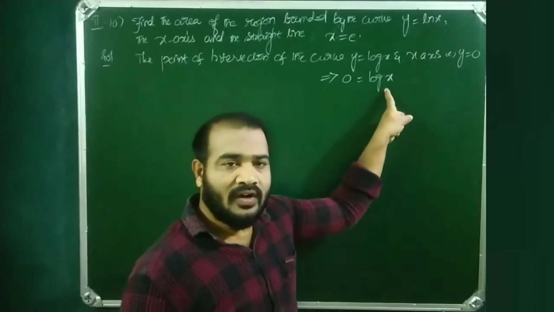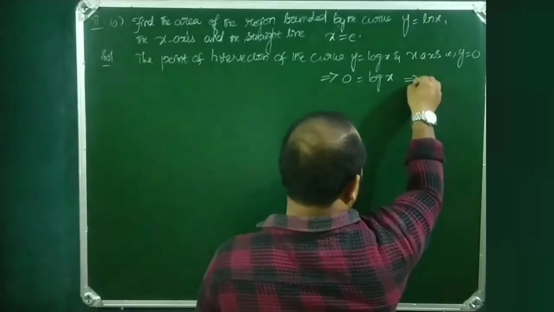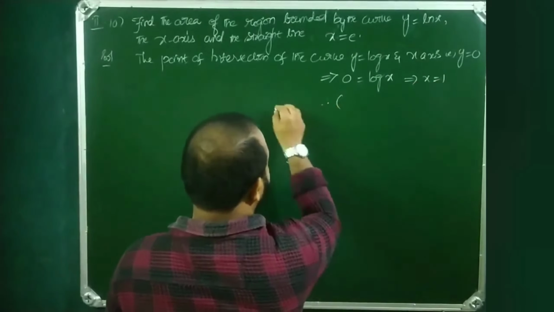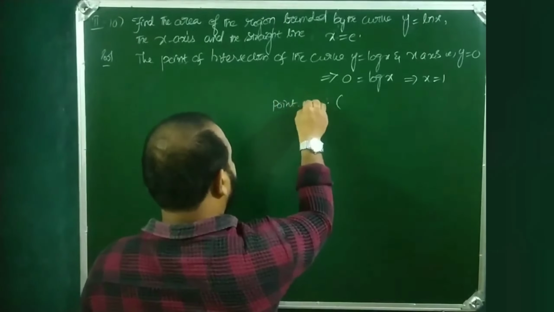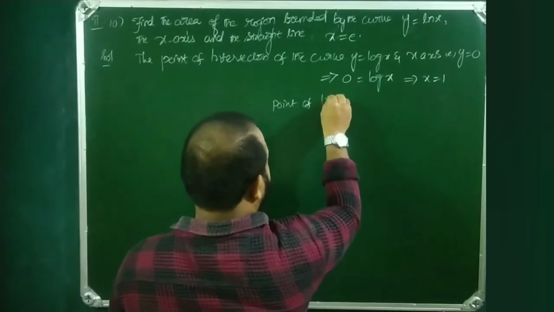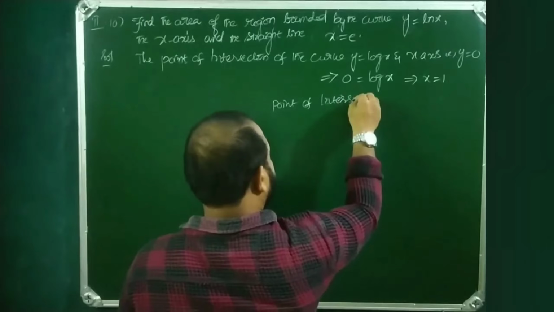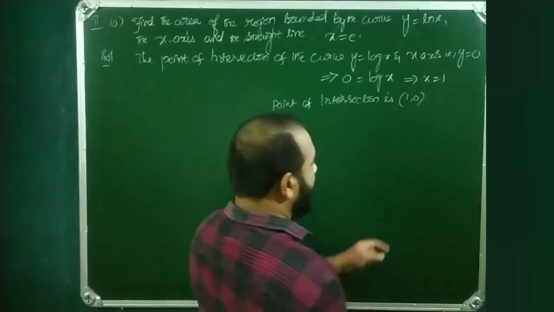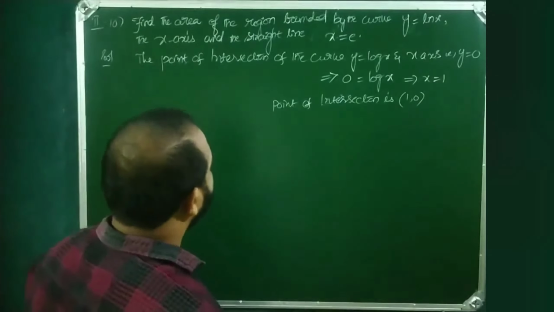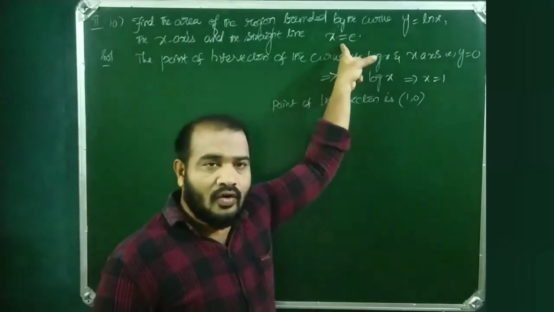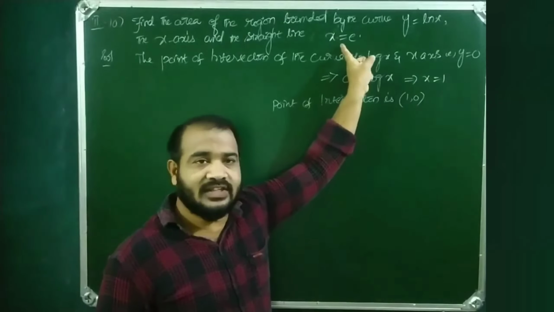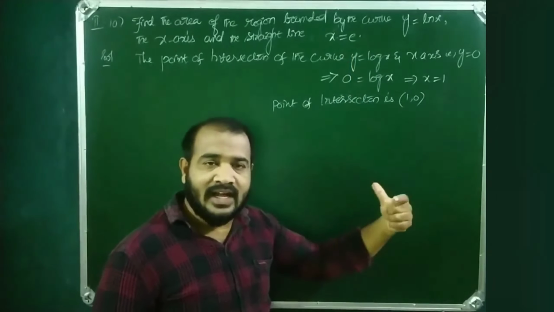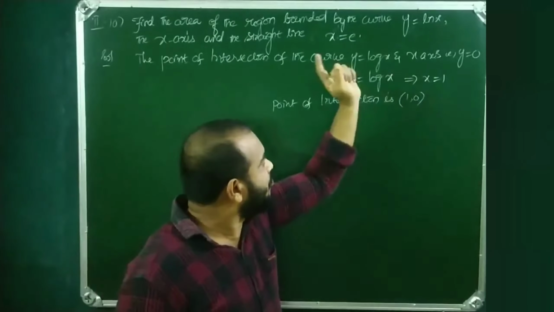If 0 equals log x, that means x equals 1. Therefore, the point of intersection is 1 comma 0, lying on the x-axis. And x equals e, as already discussed, e is lying in between 2 and 3. Approximately it is 2.7.